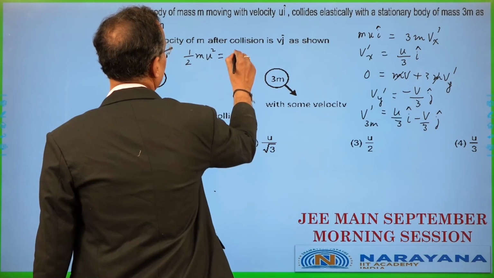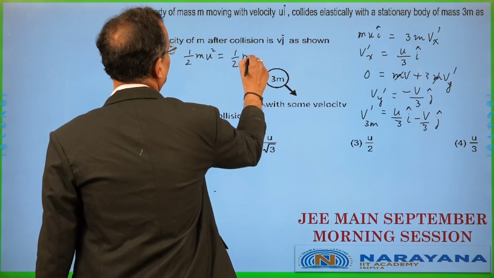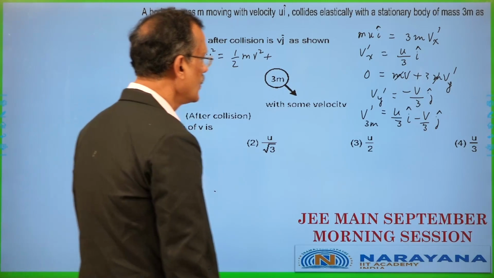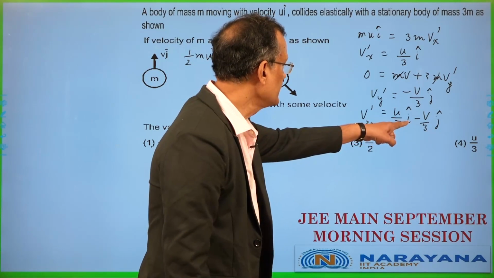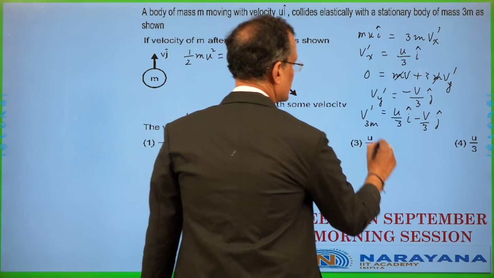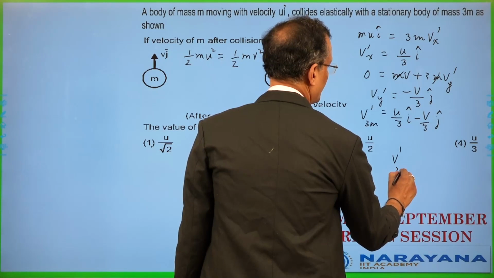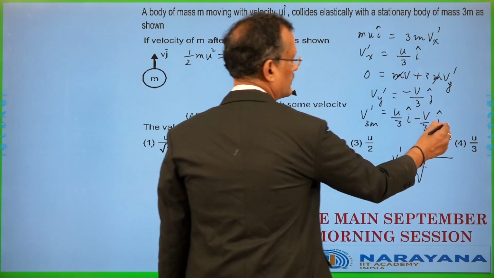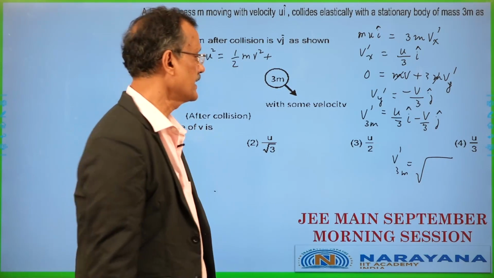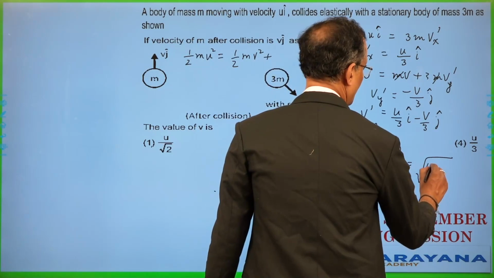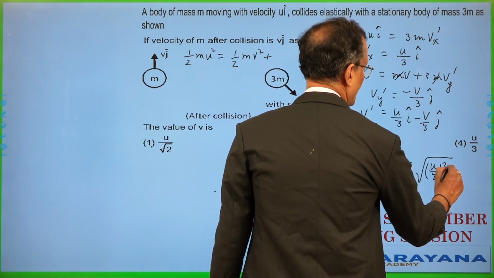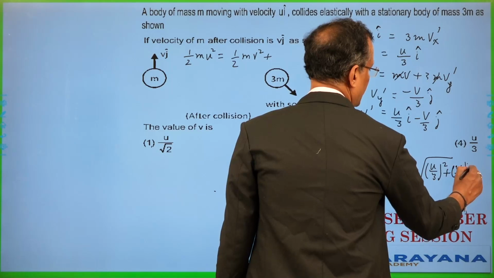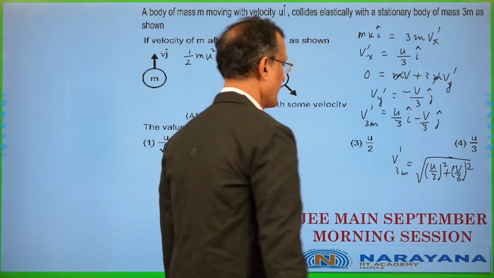This will be equal to half m v squared plus, one thing you check, the v dash of 3m will be under root, because these two components are mutually at right angle, so it becomes (u by 3) squared plus (v by 3) squared.